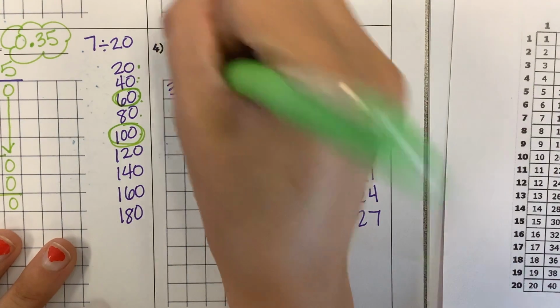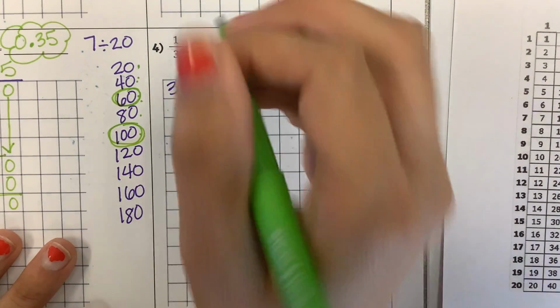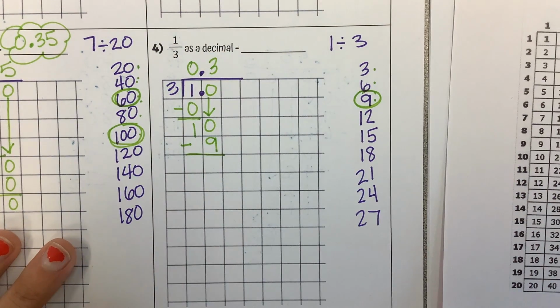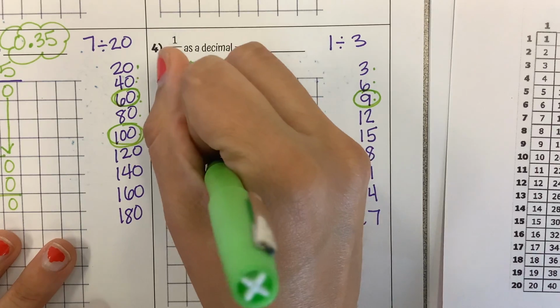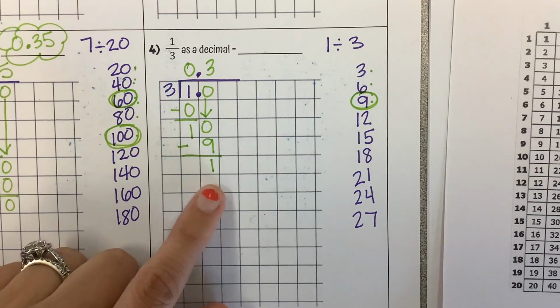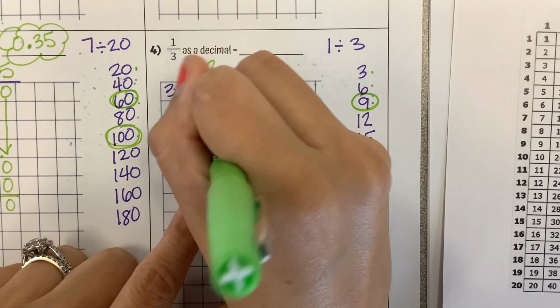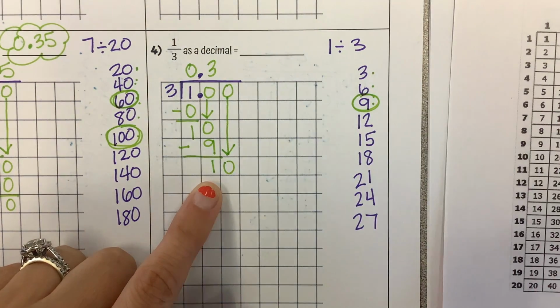So we put our 3 up here. 3 times 3 is 9. And then we can subtract. 10 minus 9 is 1. We still have a remainder.